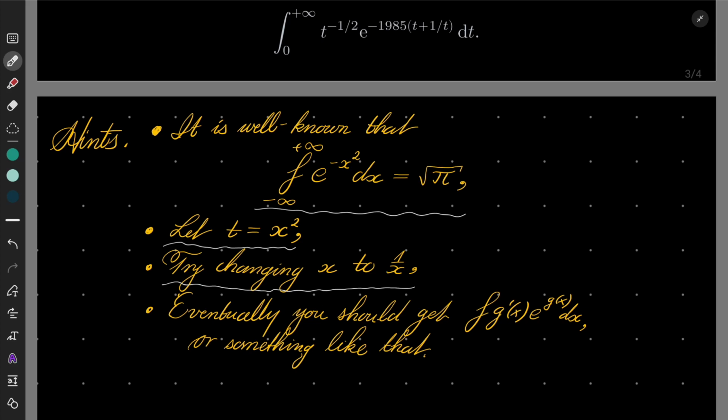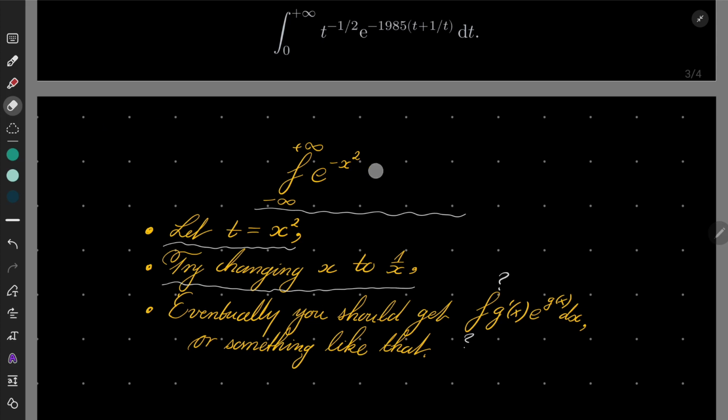And eventually, if everything goes right, you will get something like the integral over some interval of g prime of x, the derivative of g, times e to the power g of x dx, which can be dealt with quite easily after all that. So try your best and see you in a minute.